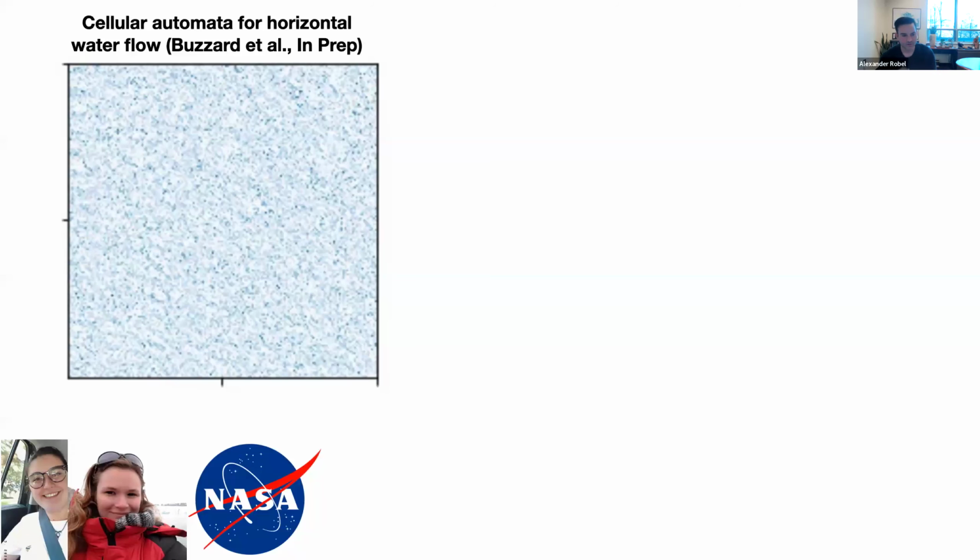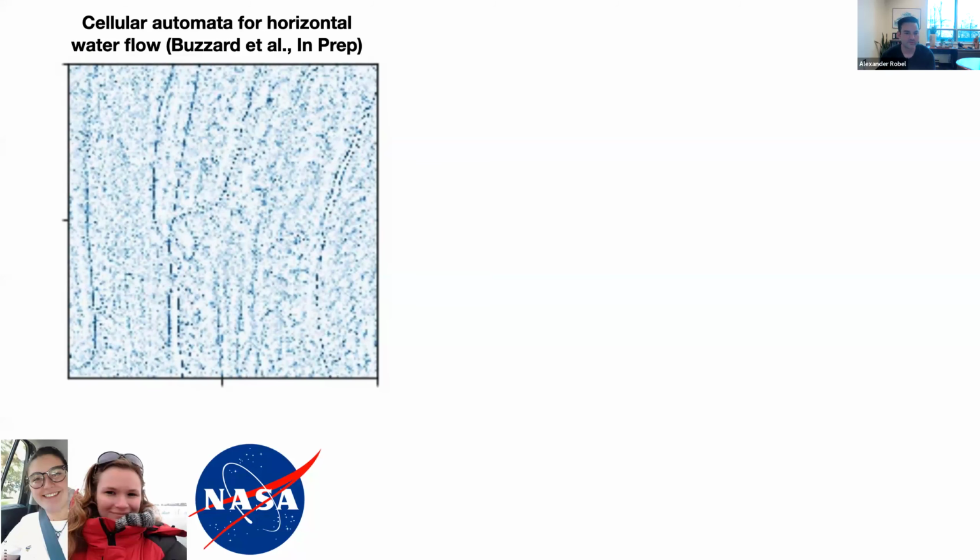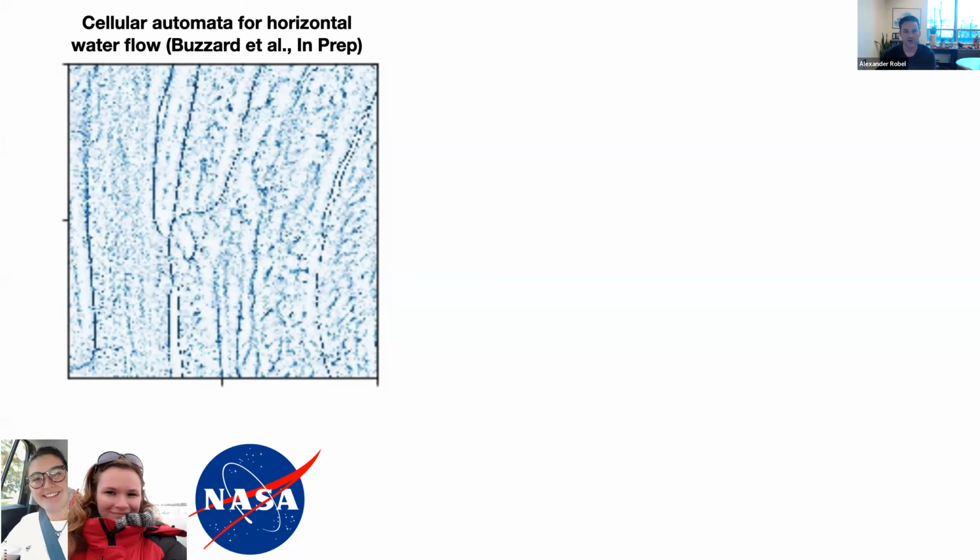We have this grant from NASA to do just this. A former postdoc of mine, Sammy Buzzard, who is now an assistant professor at Northumbria in the UK, is building this Python native 3D model of water flow over and down through snow over floating ice shelves.